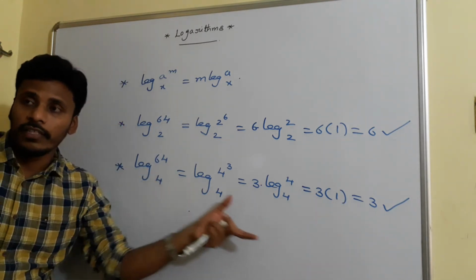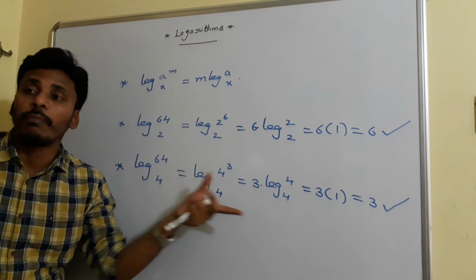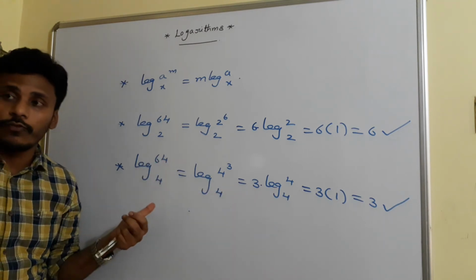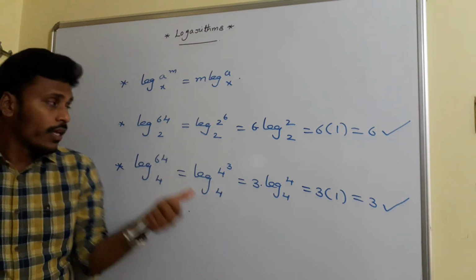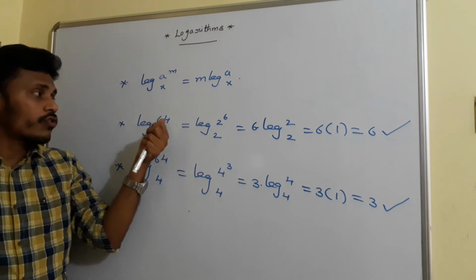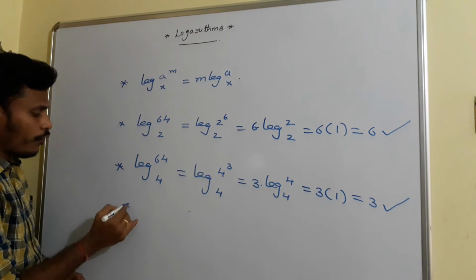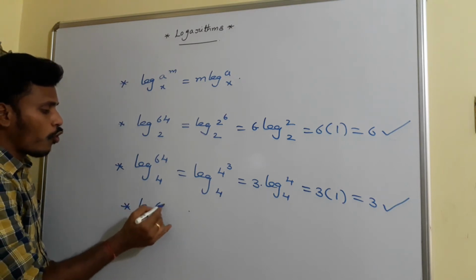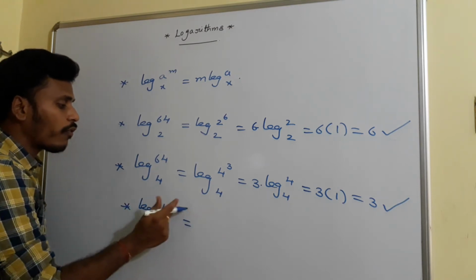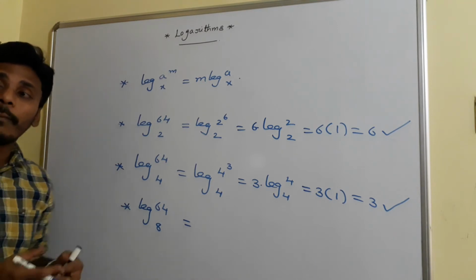How am I simplifying? You just need to identify the way of simplification. Since it is 64 base 4, write the 64 as 4 cube. Since it is 64 base 2, write that 64 as 2 power 6. That's enough, right? Now further, if you have logarithm of 64 base 8, the logarithm value varies depending upon the base also.